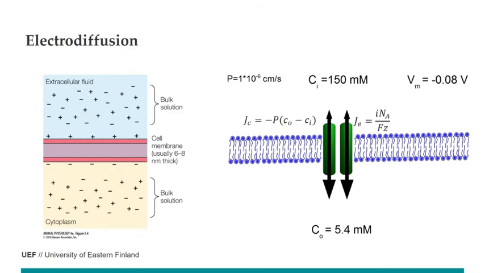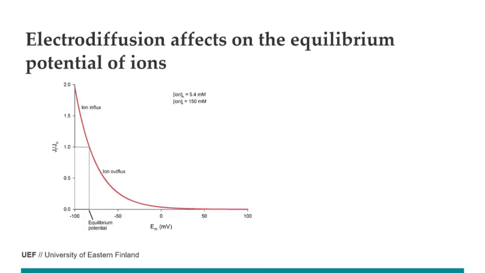But at the same time, the flux is also modulated by certain factors, such as pore electricity. And this makes the equilibrium potential of ions something other than zero.